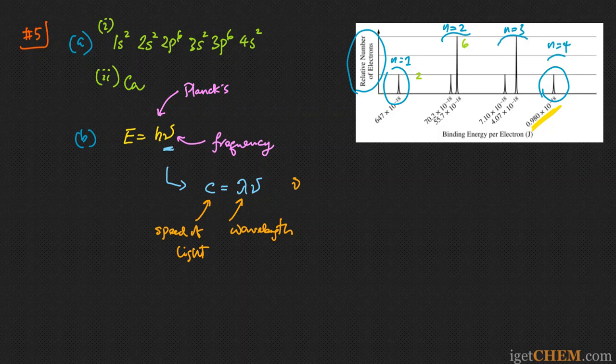What you can first do is to rewrite nu is equal to c over lambda, and then you can put that into this equation. So clearly you see that E is equal to hc over lambda. So this is one equation relating E to lambda, or you can reverse that and write lambda is equal to hc over E. And now you can put the numbers in.